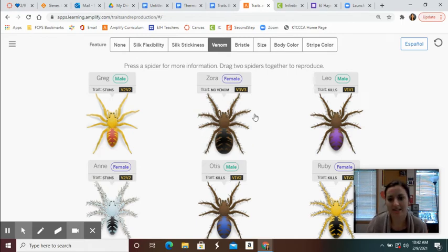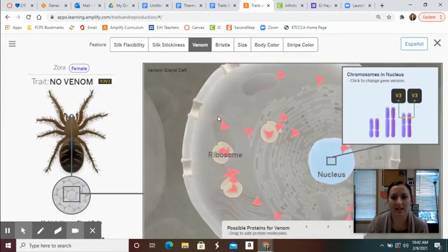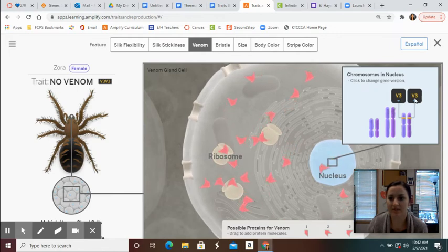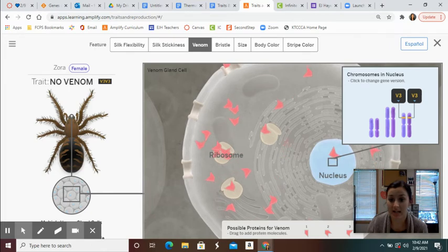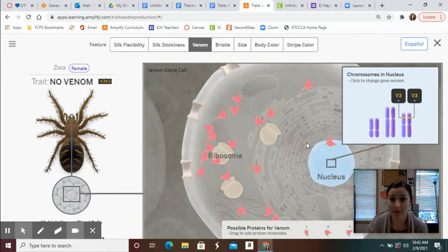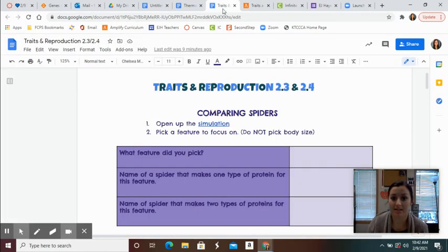A kind of hint is our gene versions here. So Zora has no venom, and I can see the gene versions are V3 and V3, and then there is protein 3 in here only. So there's only one type of protein. So going back to my chart, Zora would be a good spider to put for only one type of protein here for this feature of venom.